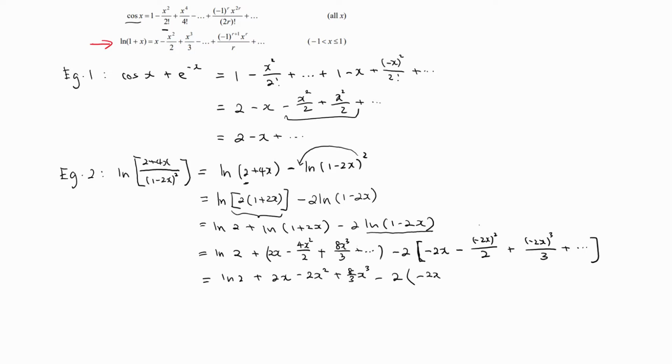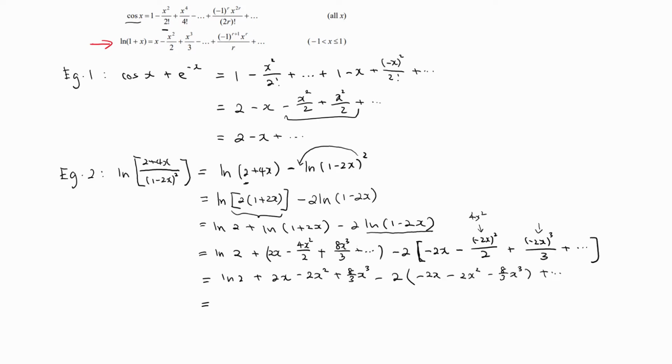This one gives us 4x squared, so 4x squared divided by 2 is simply minus 2x squared. And this one gives us minus 8x cubed, so we'll have minus 8 over 3 x cubed. Now, we can consolidate all the plus dot dot dot at the back, so I can still use the equal sign.